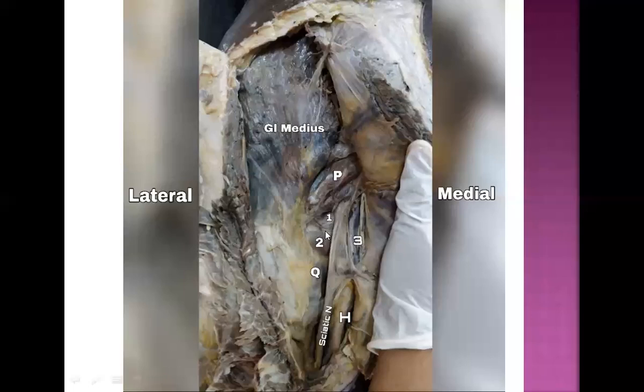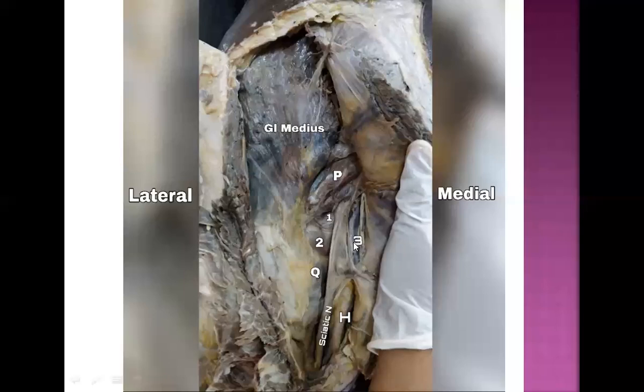So in your exam also, when you get the specimen, first identify the sciatic nerve, and trace it to identify the piriformis. Inferior to the piriformis, look for 2 muscle fascicles with a white tendon in between. That will be the gemelli with the tendon of obturator internus. And inferior to the inferior gemellus, this muscle is the quadratus femoris.